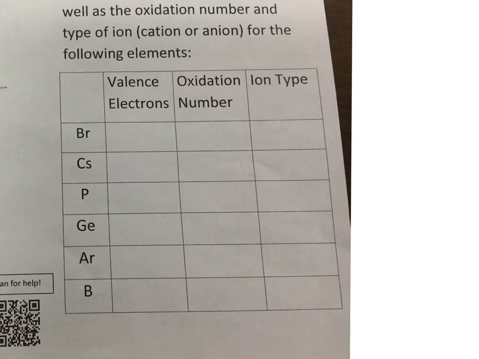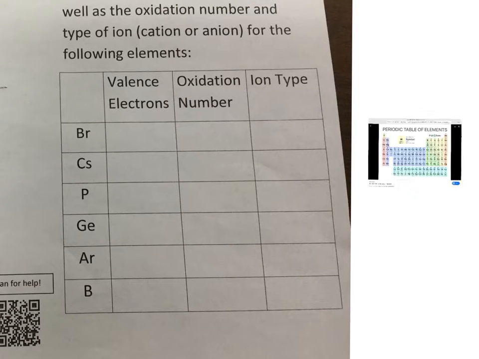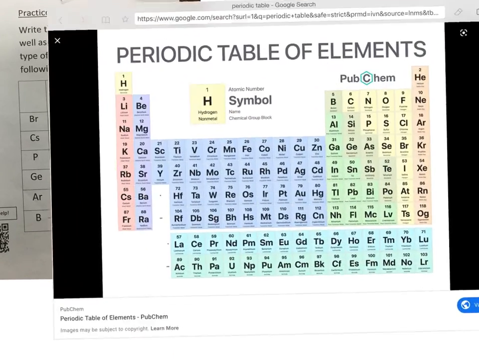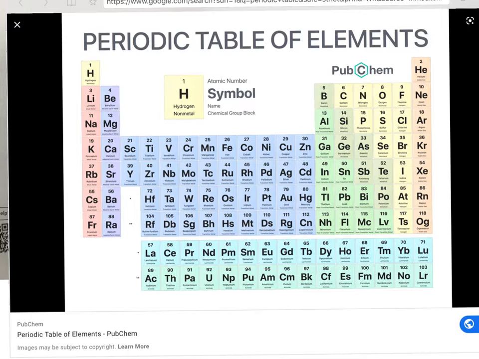Bromine. So if you look at your periodic table, there's my periodic table, just appeared out of nowhere. Okay, so bromine, where is it at? Here we are. It's in this last row here before the noble gases.